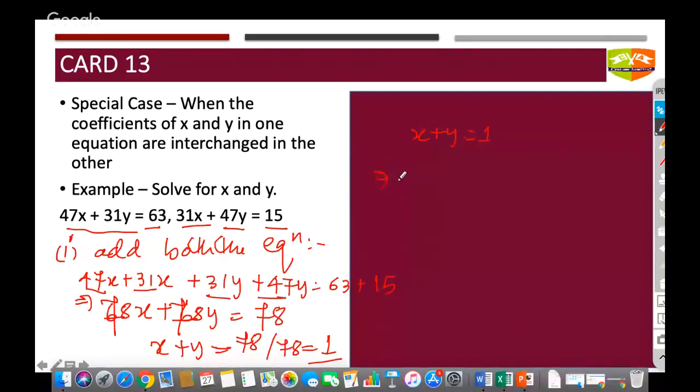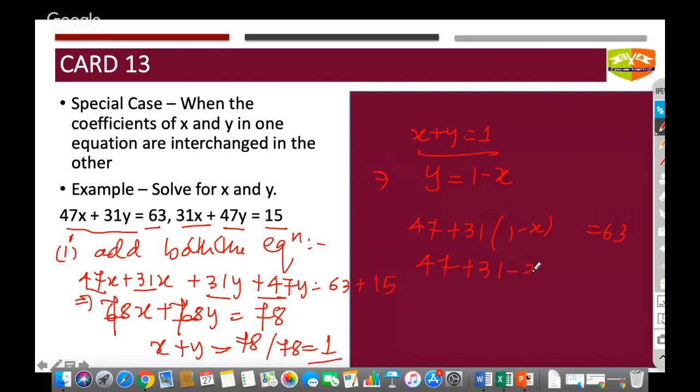Now I'll do substitution. y is equal to 1 minus x. I put it here: 47x plus 31 times (1 minus x) is equal to 63.